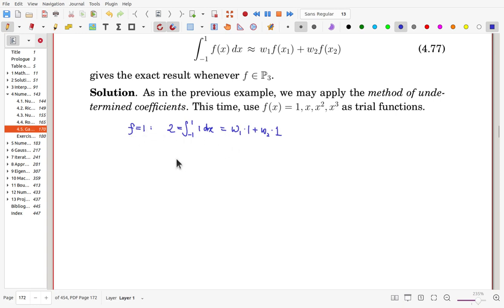Now if we choose f as x, then the integral from minus 1 to 1 of x dx.